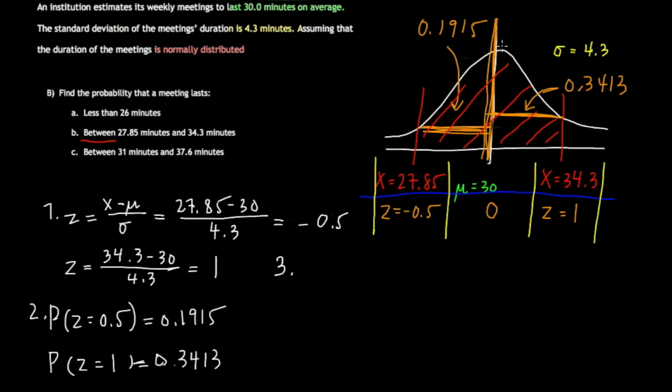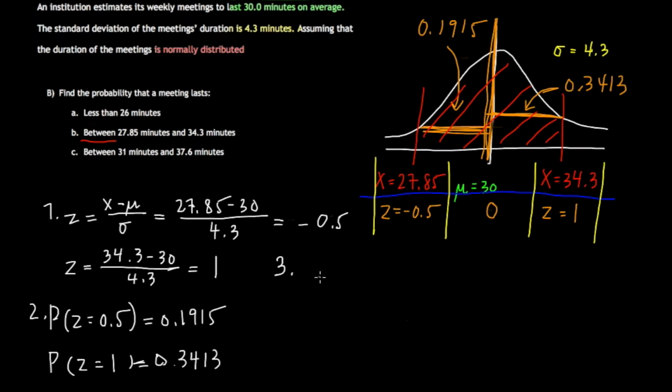Okay, so in relationship to the mean, it's this right here on the right hand side. And now because I'm not looking for the tails, I don't have to do 0.5, so the full half minus anything. I just have to add the 0.3413 and the 0.1915. Okay, so let's go ahead and solve for the full area under the curve, which is the between that we're looking for.